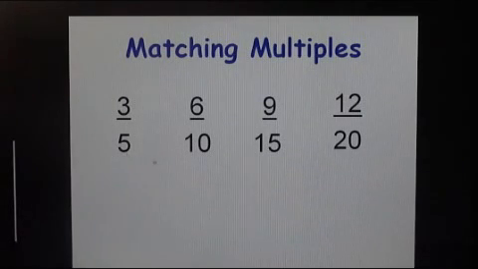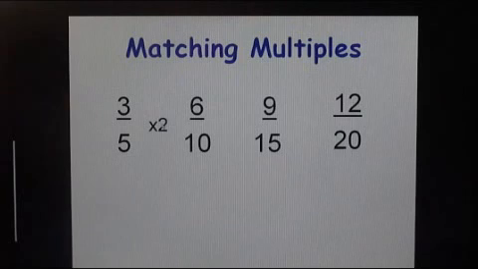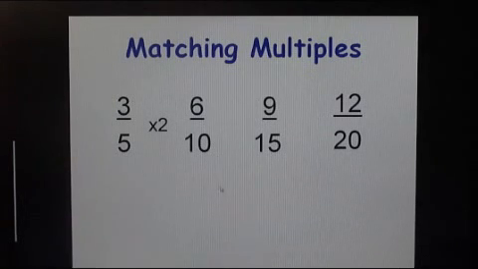In other words, the next number is the next number in the 5's place. So we have 5 times 2 equals 10, and the top number times 2 equals 6. So we've kept a multiple relationship. We've jumped one multiple of 5 and one multiple of 3. Here's our new fraction, and it's equivalent.